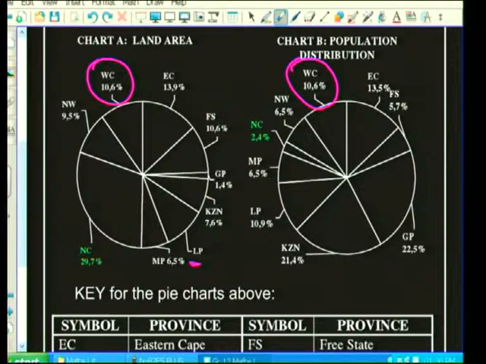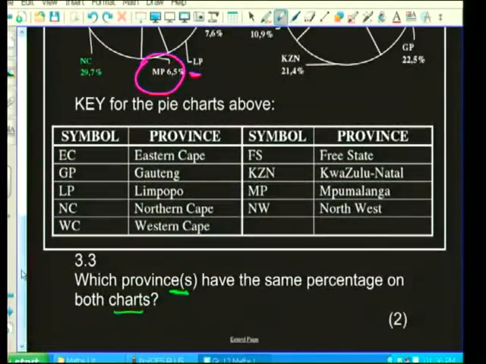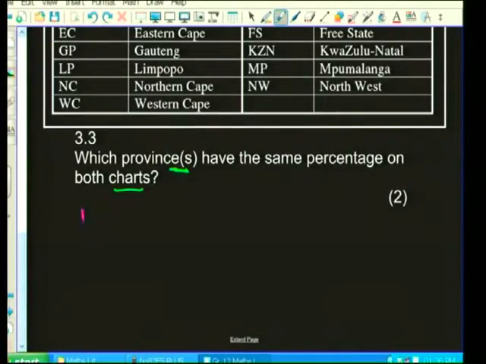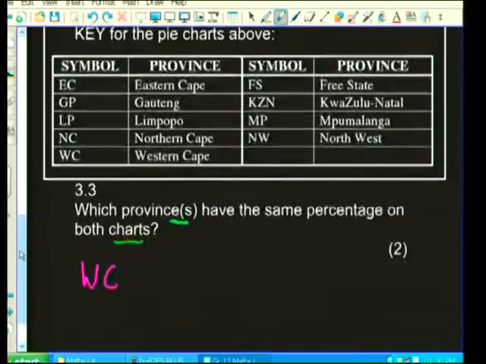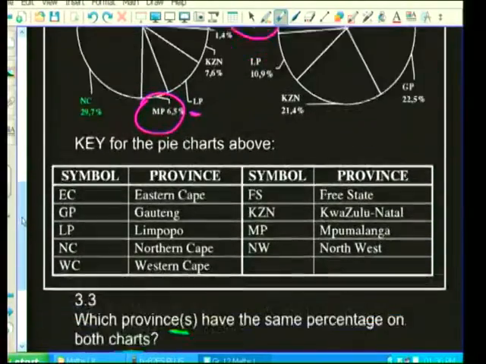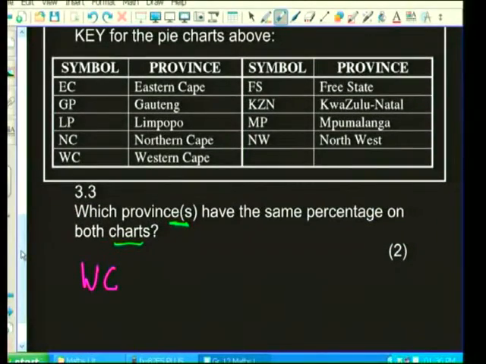Limpopo Province, we don't have this amount, so I'm guessing it's probably not one of those. Mpumalanga is the same, so you need to go through each one. Northern Cape we saw wasn't, and the Northwest wasn't. So what have we got? We've got the Western Cape, the Western Cape. Okay, let's write out Western Cape, and MP was Mpumalanga.